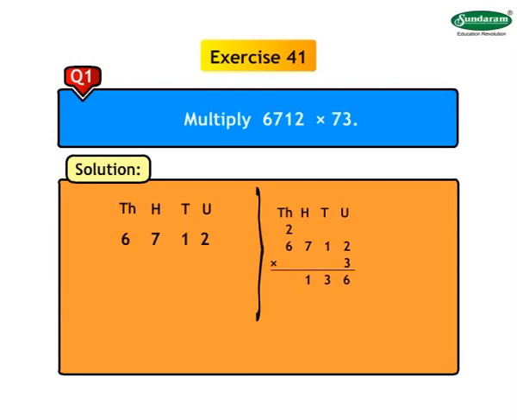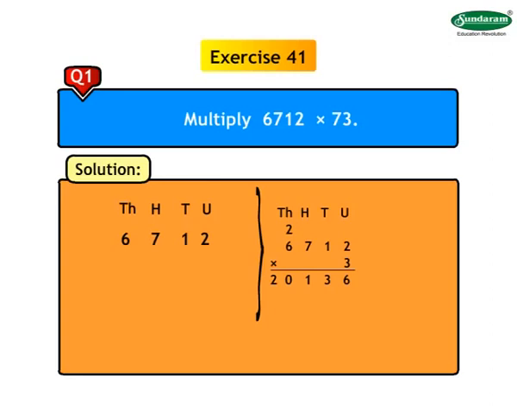Next, multiply 6000 into 3. 3 into 6000 is equal to 18,000 plus carried over 2,000 is equal to 20,000. Write 20 to the left of 1 in the answer place. Therefore, 6,712 into 3 units is equal to 20,136.